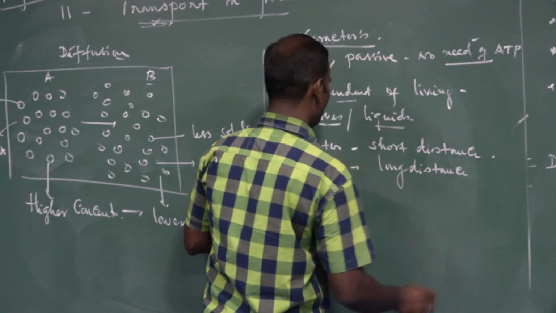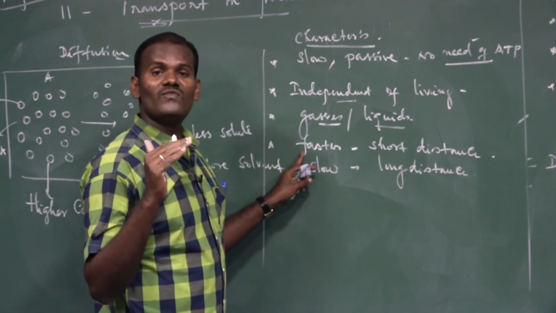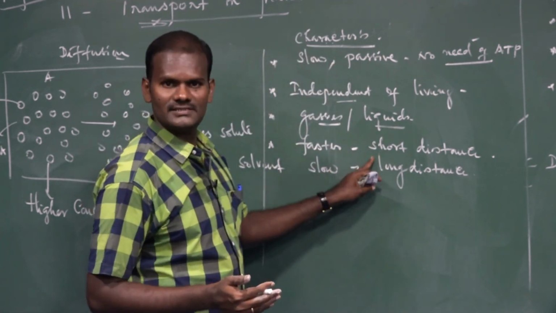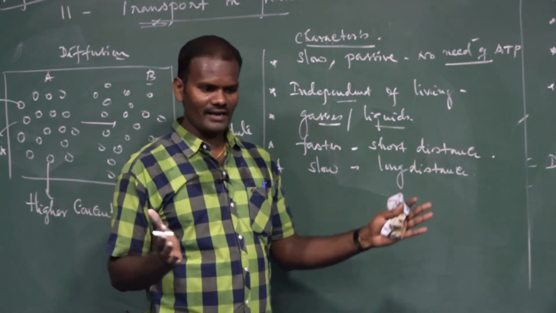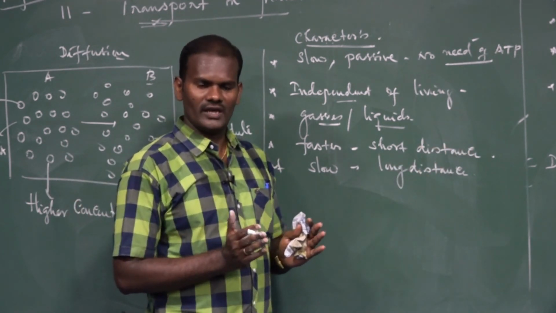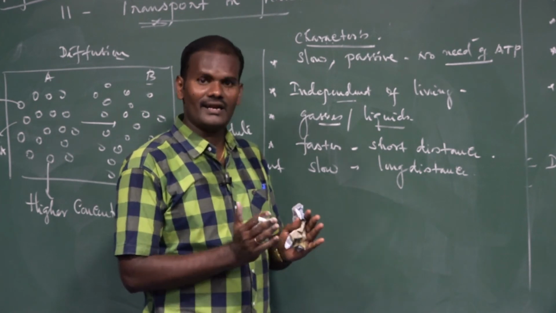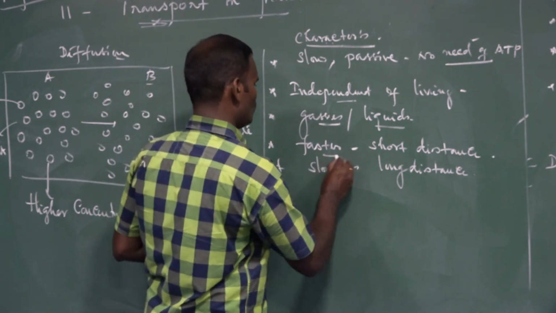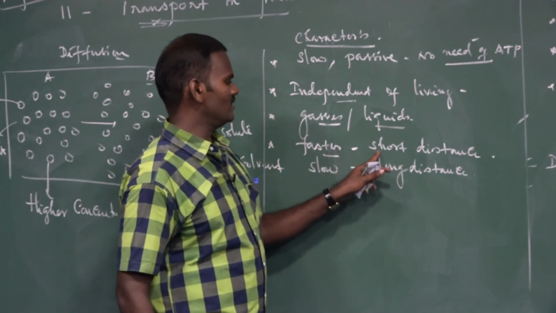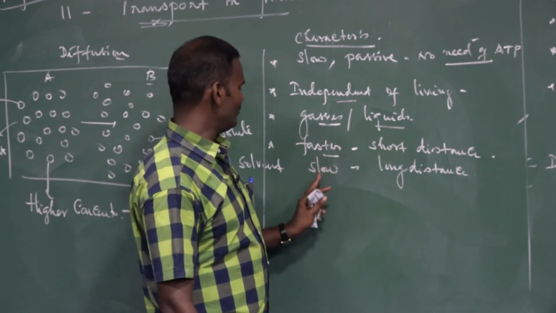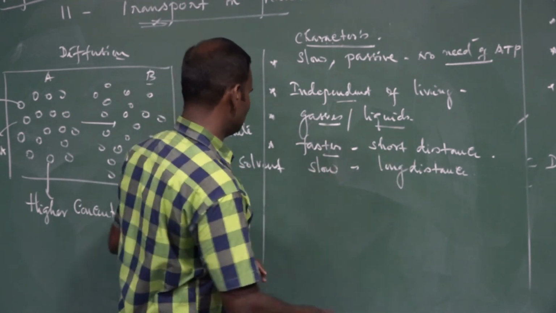The rate of diffusion is inversely proportional to the distance. If the distance is increasing, the rate of diffusion is slow. If the distance is shorter, the rate of diffusion is faster.